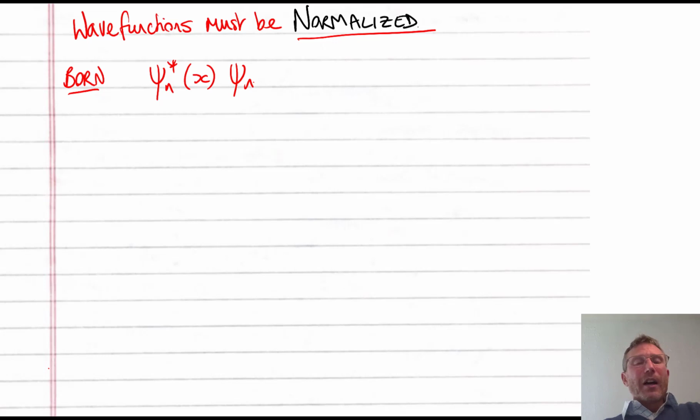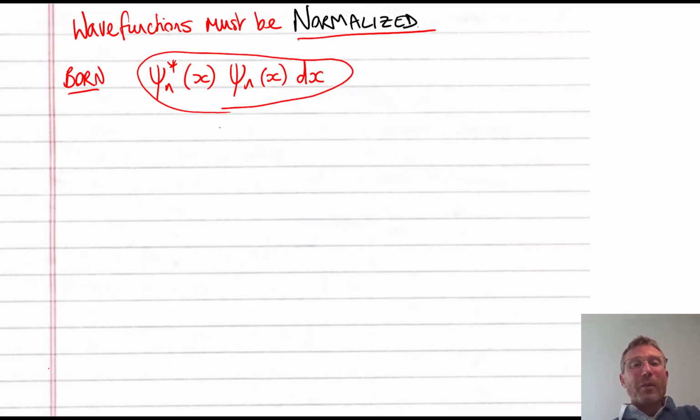We must have the complex conjugate in there because the wave function may be a complex number, but the probability density must be a real number. So we'll come back to that. But Max Born says that this combination along with dx in here is the probability.